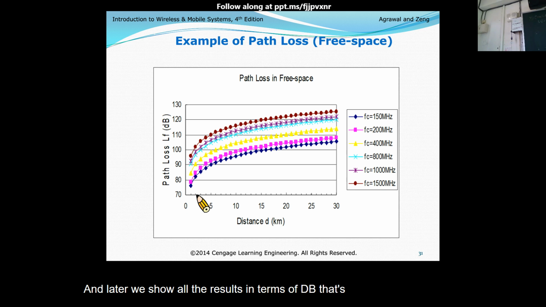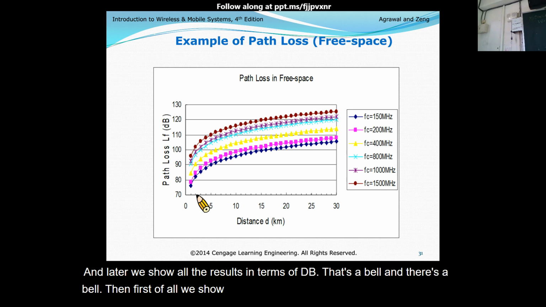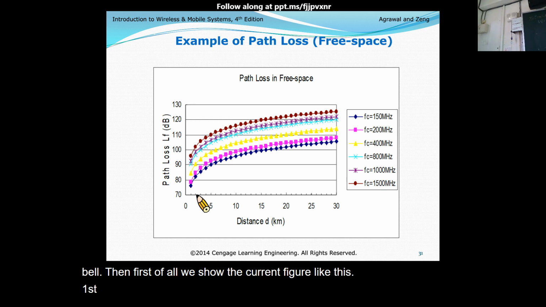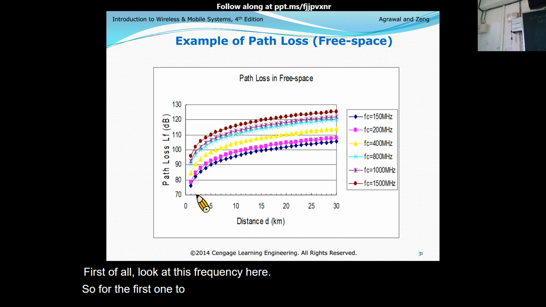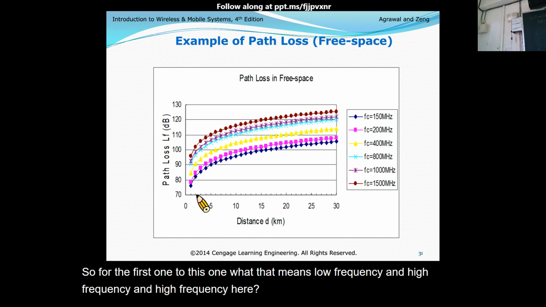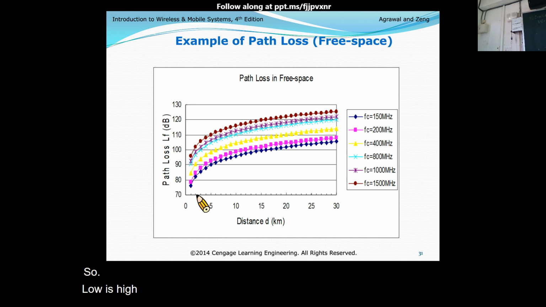And in decibel, first of all, we show the current figure like this. First of all, look at this. Frequency here. So from the first one to this one, what does it mean? Low frequency and high frequency. And at high frequency, is the loss high or low? Previously, we had a formula related to frequency.